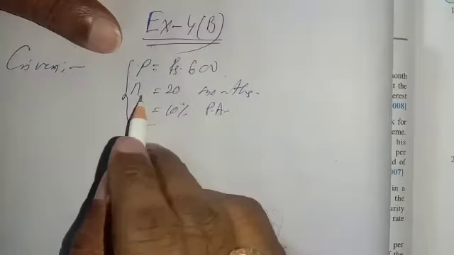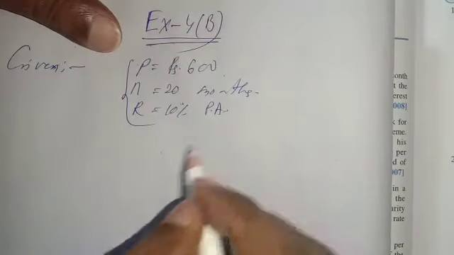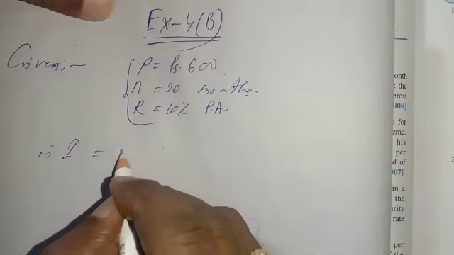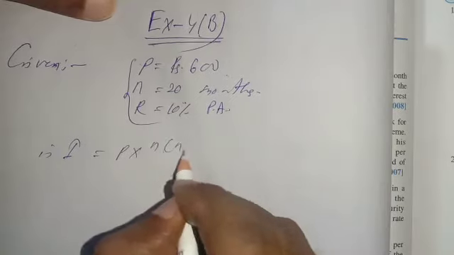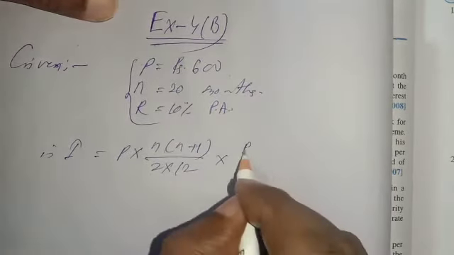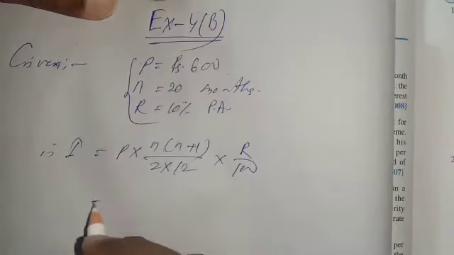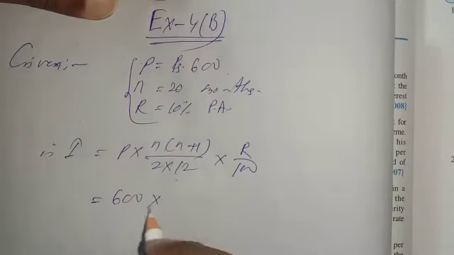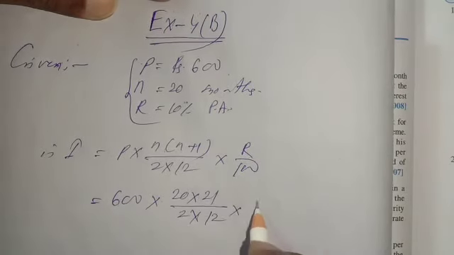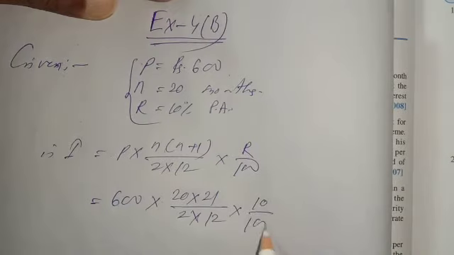P equal to 600, n equal to 20 months, R equal to 10% per annum. Therefore, interest I is equal to P into n into n plus 1 by 2 into 12 into R by 100. P equal to 600, n equal to 20, 20 into 21 by 2 into 12 into R, that is 10 by 100.